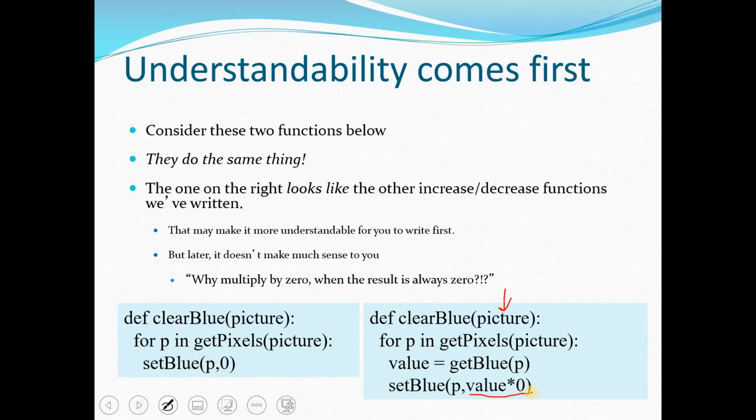But practically if you look carefully, when you are multiplying with 0, why multiply with 0? Directly use 0. You don't need to get the blue color and then make it 0. So what's the need? Directly use the set blue command. That's what is happening over here. Use only one command. Don't waste the processing power.